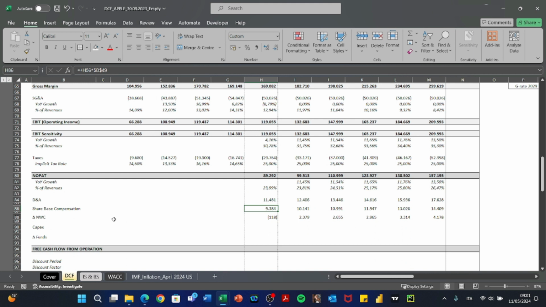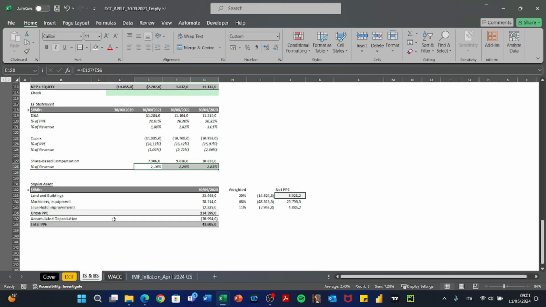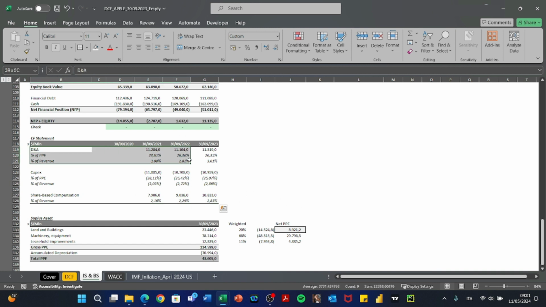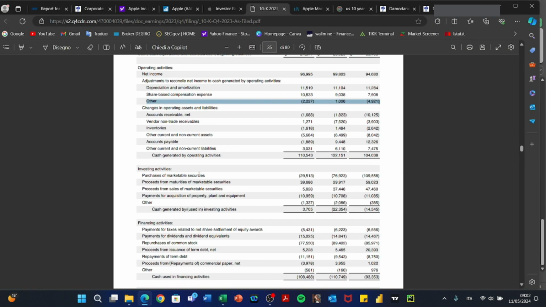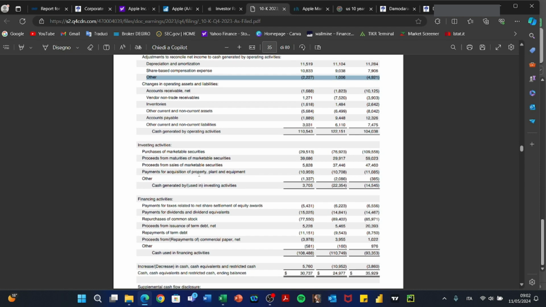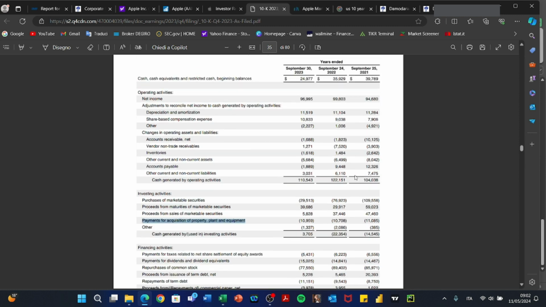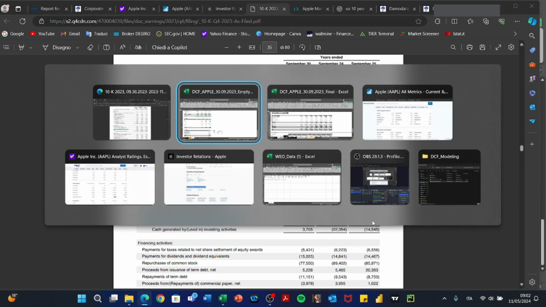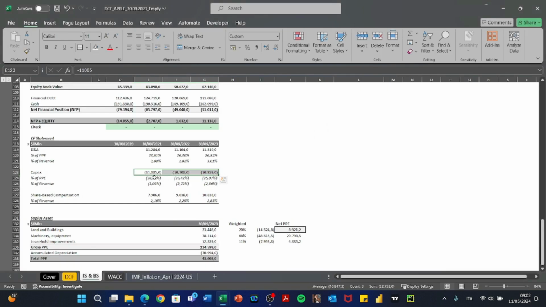For the CapEx, I did basically the same that I decided to do for our D&A and our share-based compensation, which means that I have collected the historical CapEx of Apple from the same document. As you can see, this is payment for acquisition of property, plant, and equipment, which is 10.9 to 11.0.